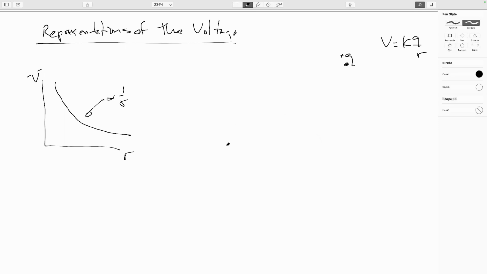And I'm about to attempt to try to draw in 3D, so sorry, all I can say is I tried really hard. So let's say another way I could do this is I could draw, so this is a potential graph, I could draw what are called the equipotential surfaces.